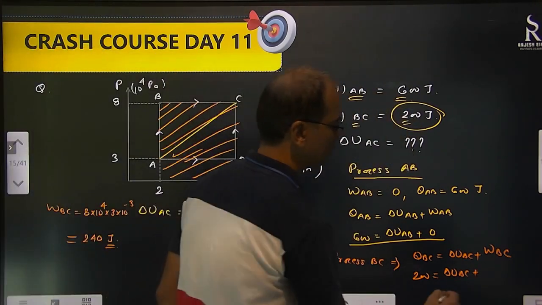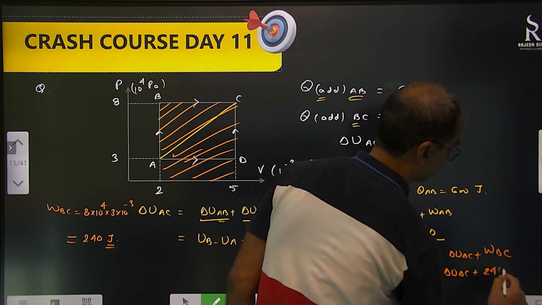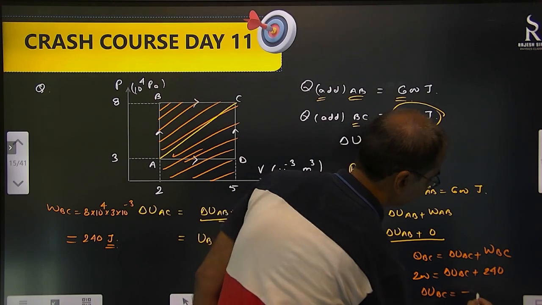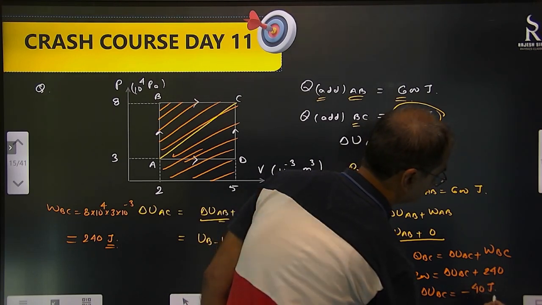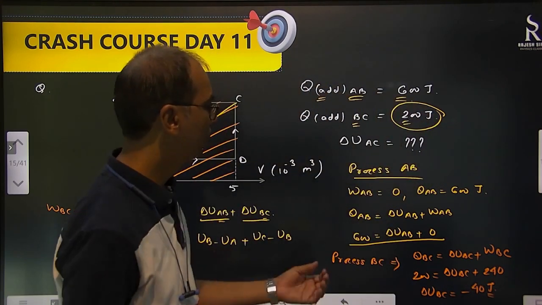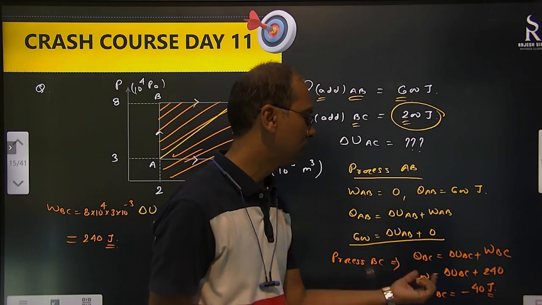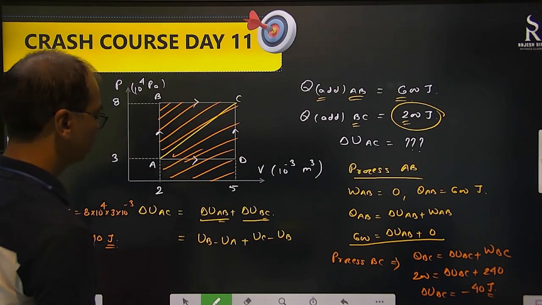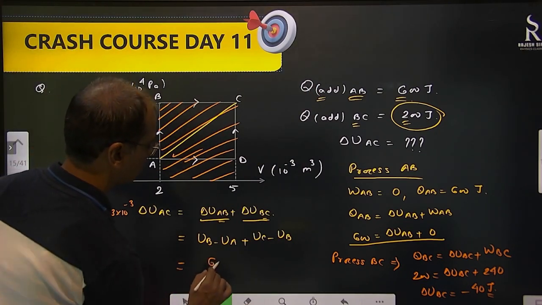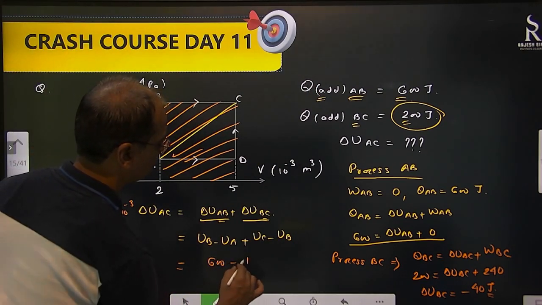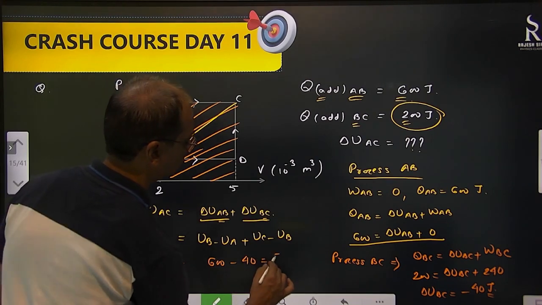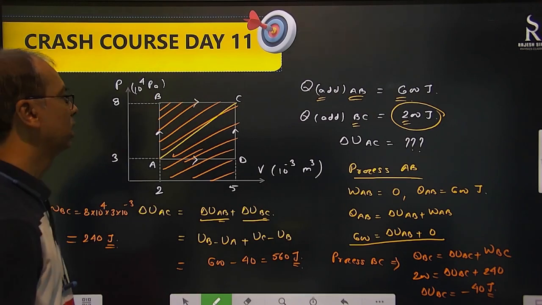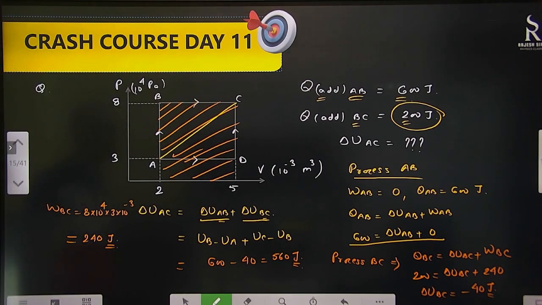So delta UBC is coming minus 40. Delta UAB I got, that is 600 joule, and delta UBC I got minus 40 joule. So 600 minus 40, our answer is 560. Delta UAC is 560.